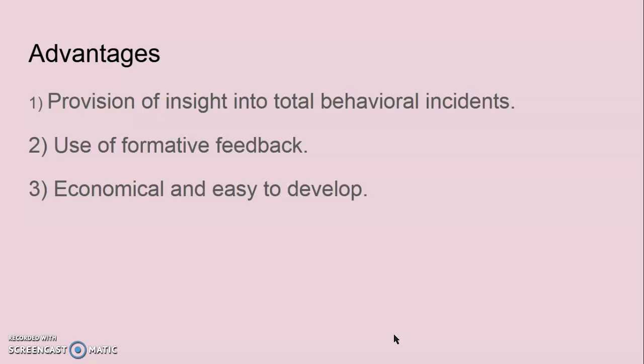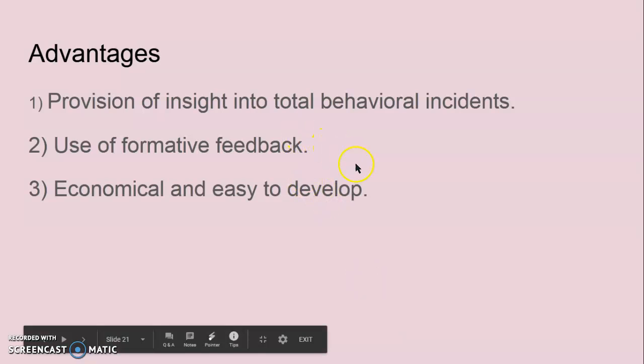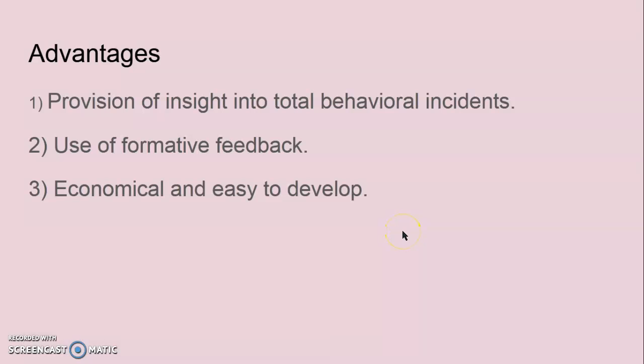So what are the advantages? Insight into total behavioral incidents, use of formative feedback, economical and easy to develop. It is easy, just a notebook or something can be used as an anecdotal record, and it gives formative feedback during the course, and it gives insight into behavioral incidents.